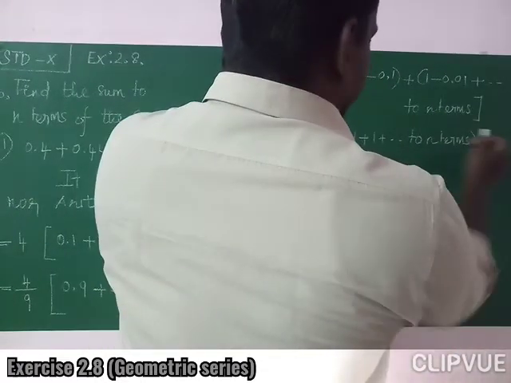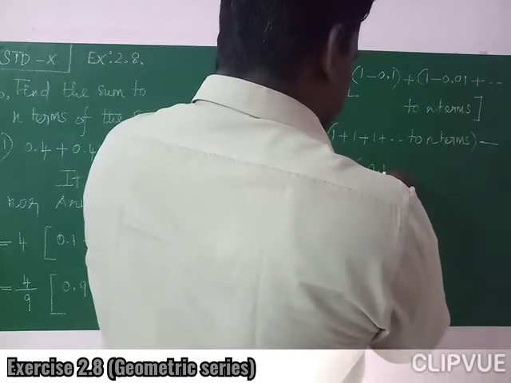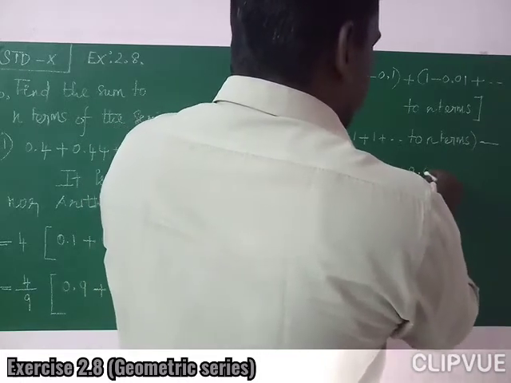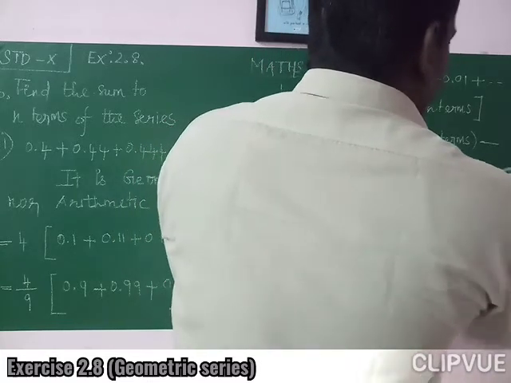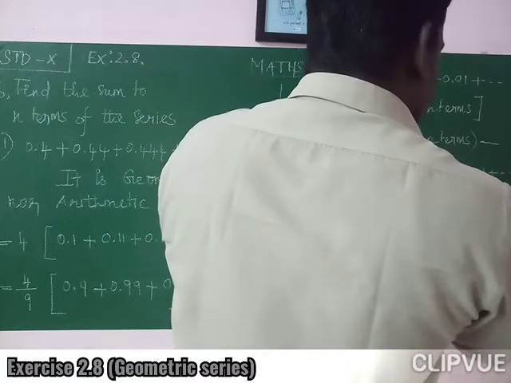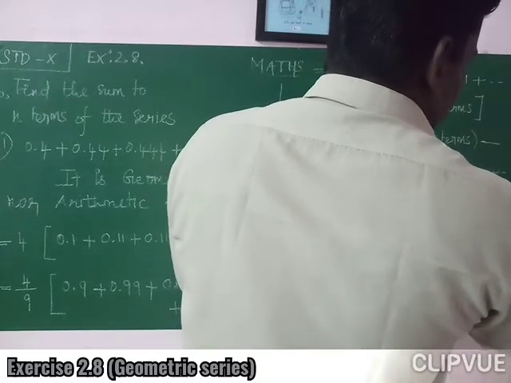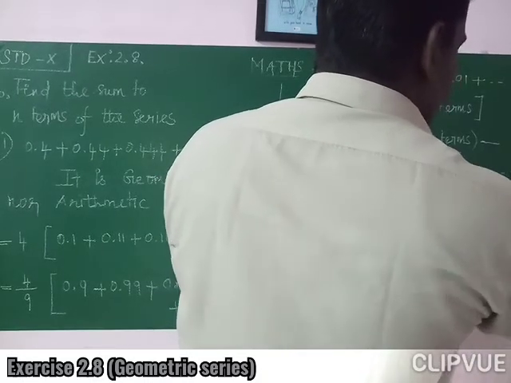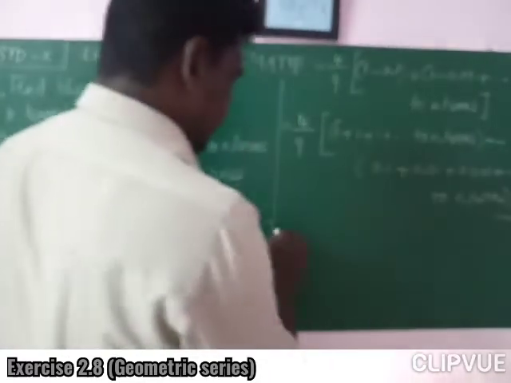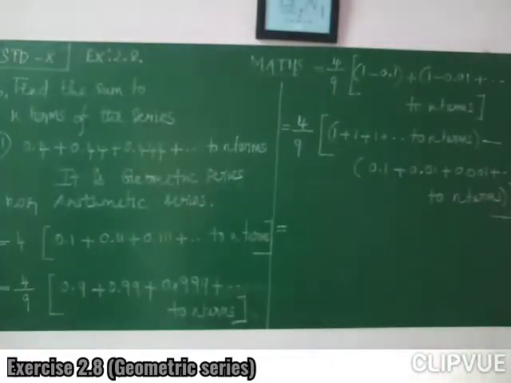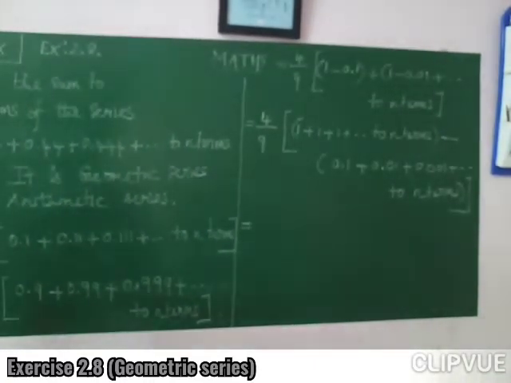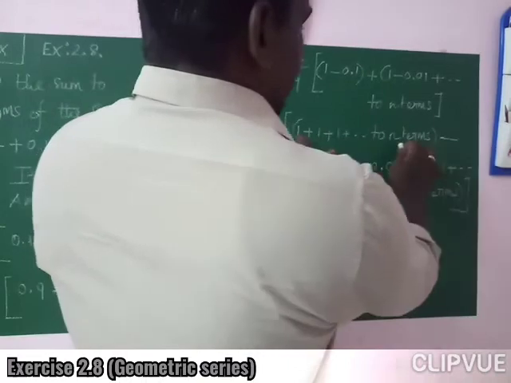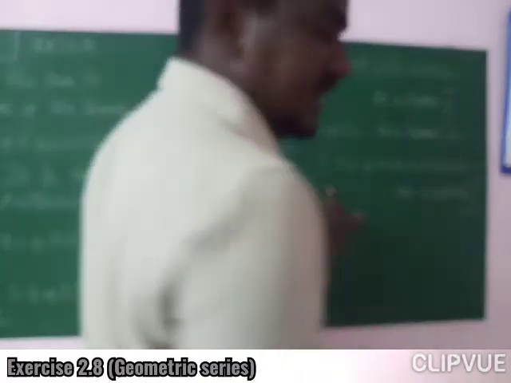If I take that minus out, what do we have? 0.1 plus 0.01 plus 0.001 and so on to n terms, bracket and whole bracket. See, it forms a GP. It is also forming a GP.